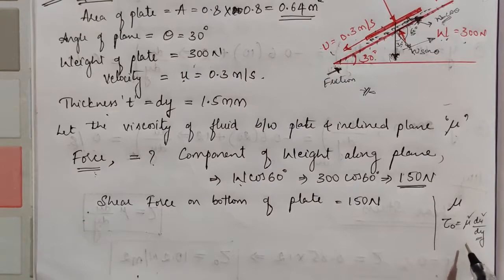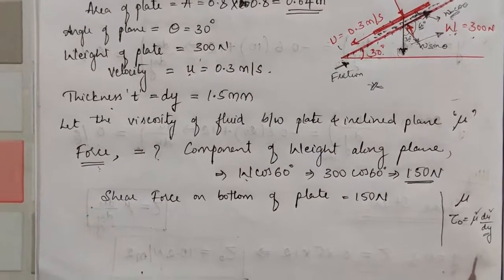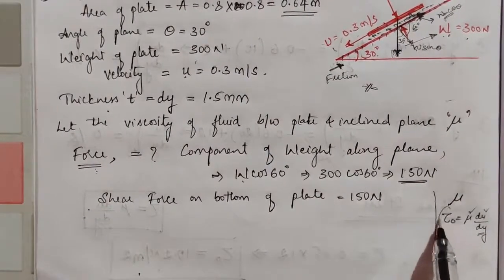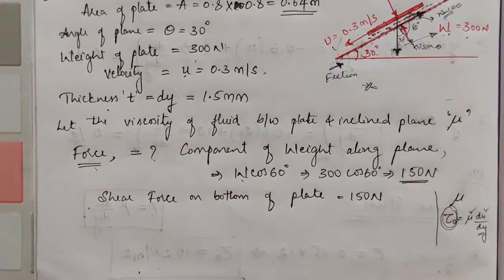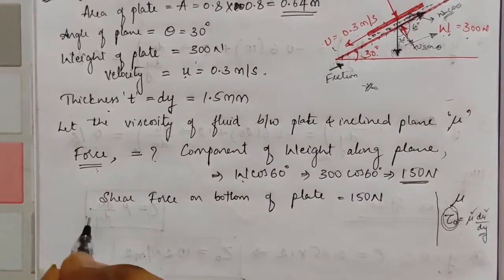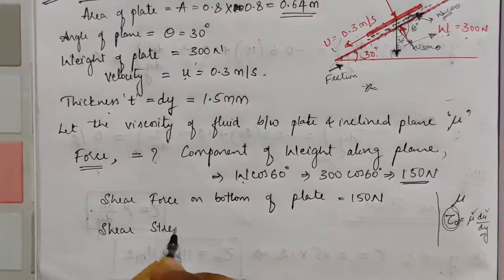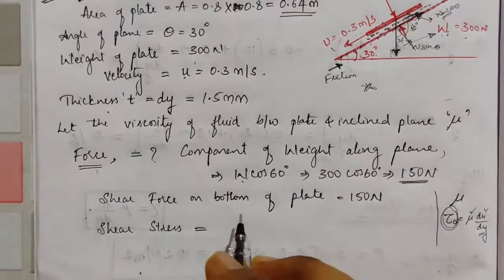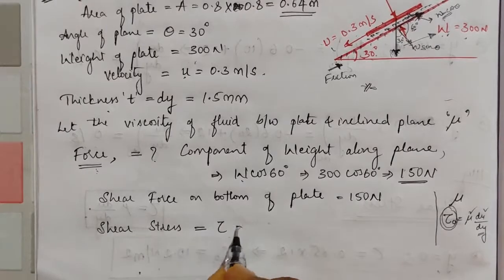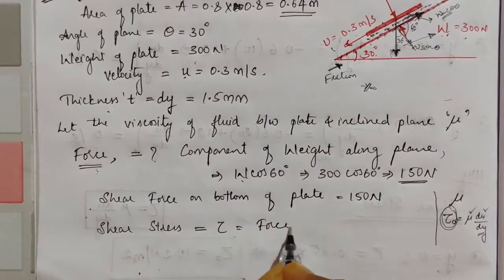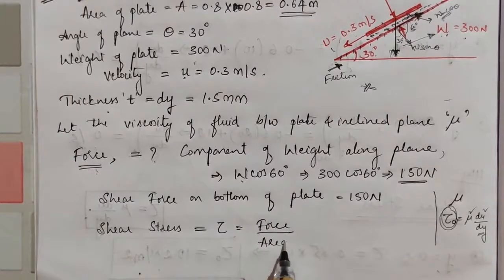Okay, so this formula we are not getting, but when I go to the definition of shear stress, what is the definition of shear stress? Tau is equal to force by area.